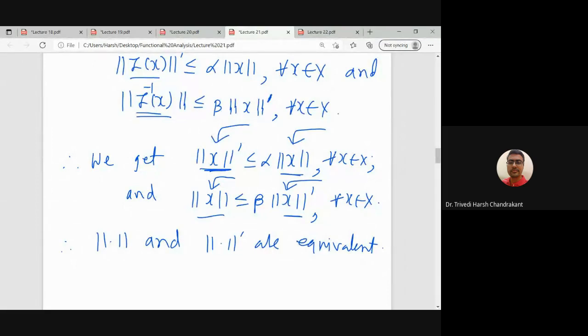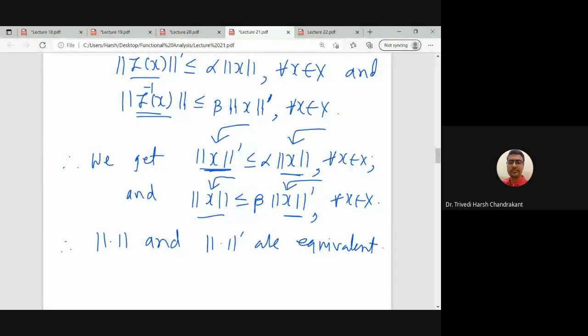So that is the use of these norms being equivalent. So that means if we have a normed linear space which is complete with respect to the first norm, it is always complete with respect to the second norm, because completeness we discuss in terms of norms, or convergence of Cauchy sequences in terms of norms.